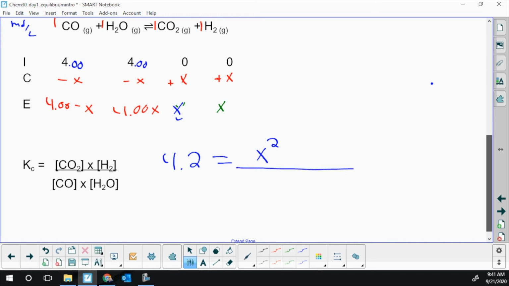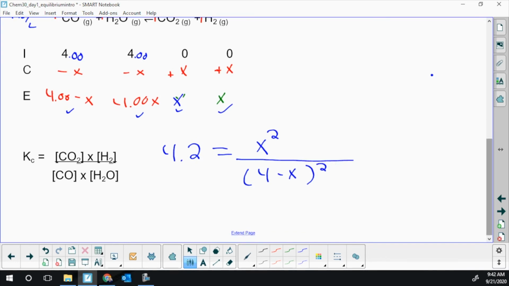Divide by 4 minus X, and then we see it repeated again. I'm going to drop the 0.00 just to make it a lot simpler to write. So I'm being a little ignorant of sig figs, but it makes this simpler. And because it happens twice, I can square it.